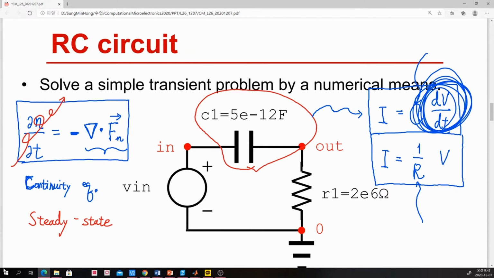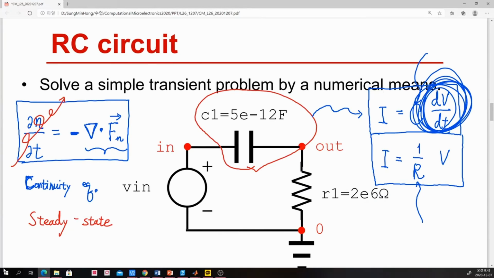So that was the goal. Let's come back to our system. We will also consider the steady state solution. Let's say, then what will happen to this guy?